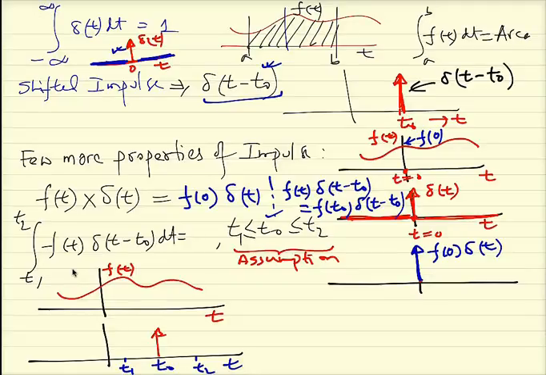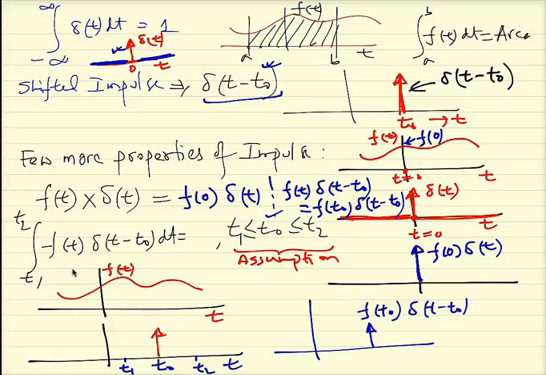First you have to multiply. If you multiply these two, the result is an impulse with a changed strength. It is f(t naught) delta(t minus t naught), at t naught.